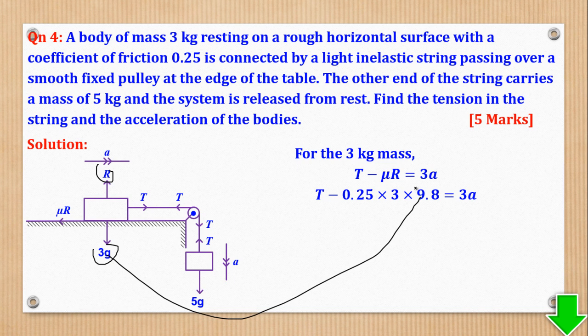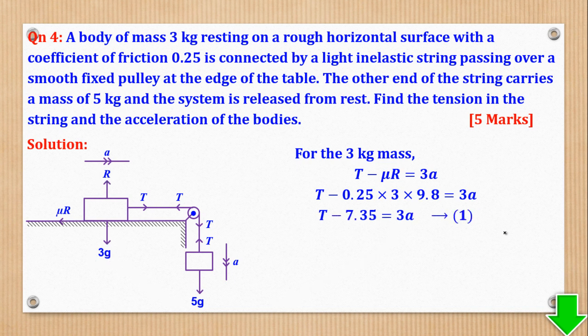In mathematics, in A-level math, the value of g is 9.8. And when we go to A-level physics, as we shall see later in the video for physics, the value of g is taken to be 9.81. So don't confuse the values of g depending on the subject you are attempting. So that gives us equation 1.